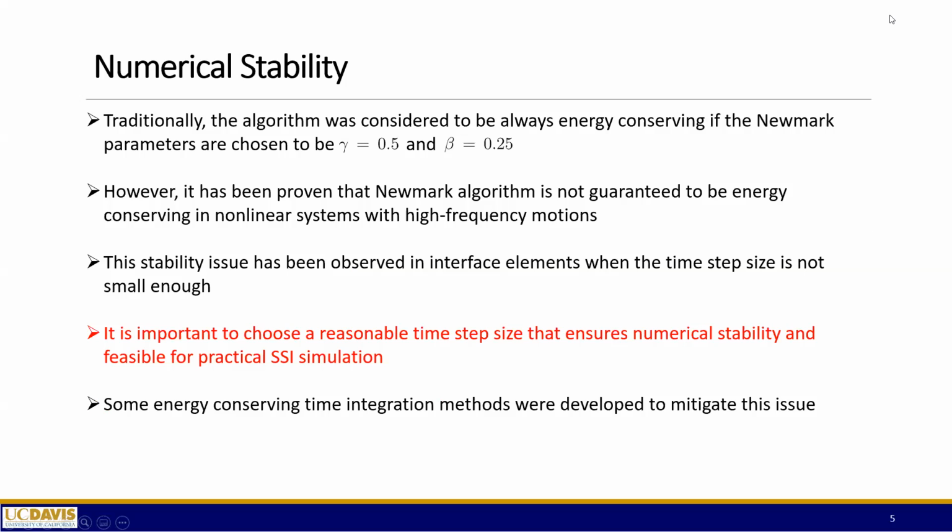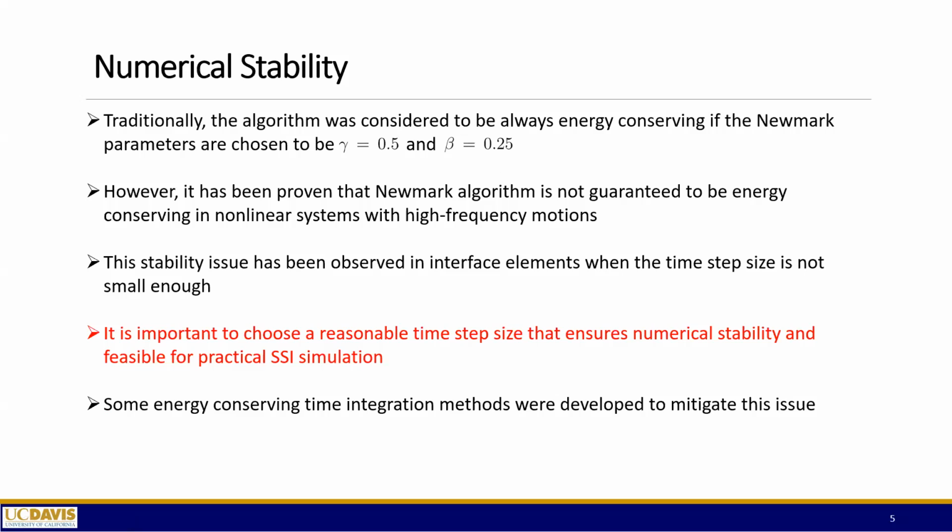One thing when we talk about the energy conservation or energy dissipation for algorithmic damping is the numerical stability, because if you think about it, numerical stability in terms of energy is really the conservation of the total system energy in this case. So traditionally, the Newmark algorithm was considered to be always energy conserving if the Newmark parameters are chosen to be gamma equals 0.5 and beta equals 0.25.